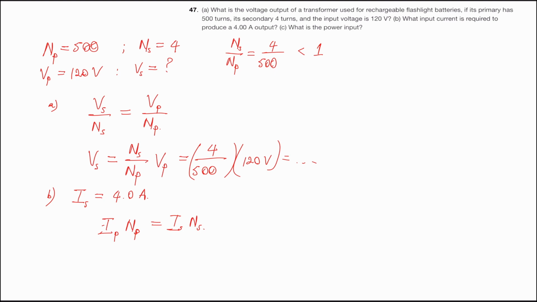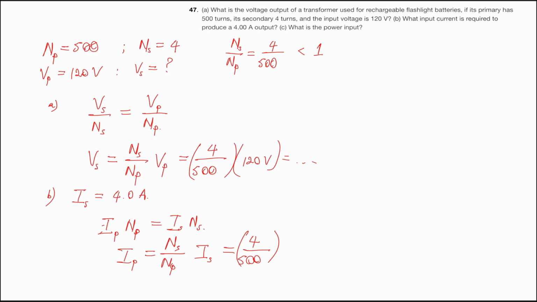Well, then that means I sub P is going to be N S over N P multiplied by I S. Now, as you notice, the number of turns on the secondary side is going to be 4, and the number of turns on the primary is 500, multiplied by the current on the secondary side, which is 4 also.